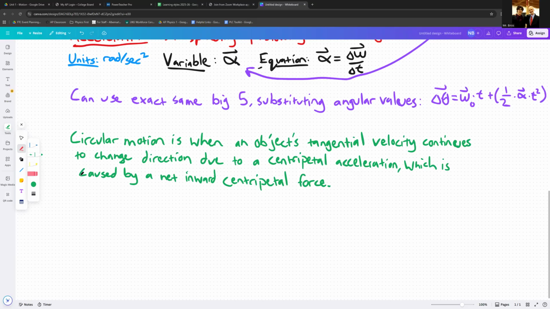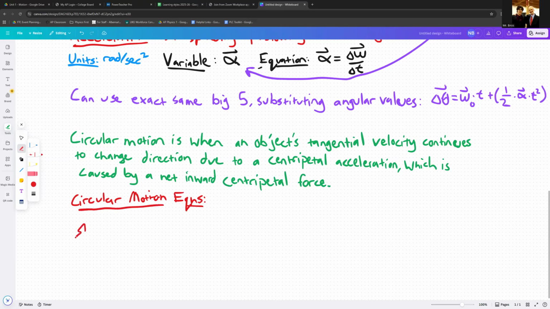Okay. Let's introduce some equations. There's three main ones. The first one is really just Newton's second law of motion. So for our circular motion equations, first one is Newton's second law of motion.